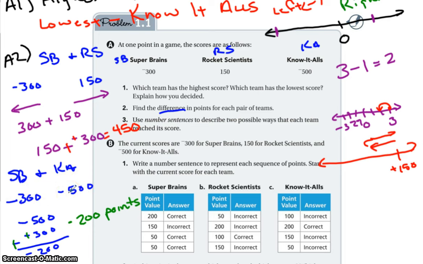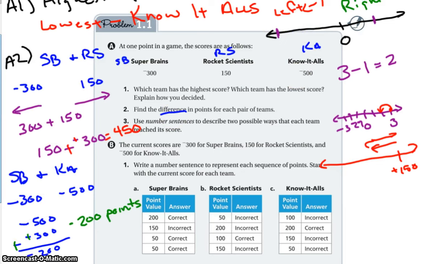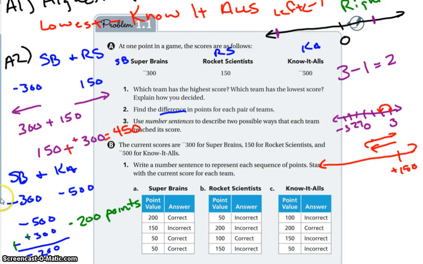Okay? All right, so let's take a quick second and review. When we have negative numbers, they fall to the left of 0. When we have positive numbers, they fall to the right of 0. Okay, over here. What I want you to do is, there is another video attached to today's lesson. It is just an introduction into the game and the rocket scientists and that kind of stuff.